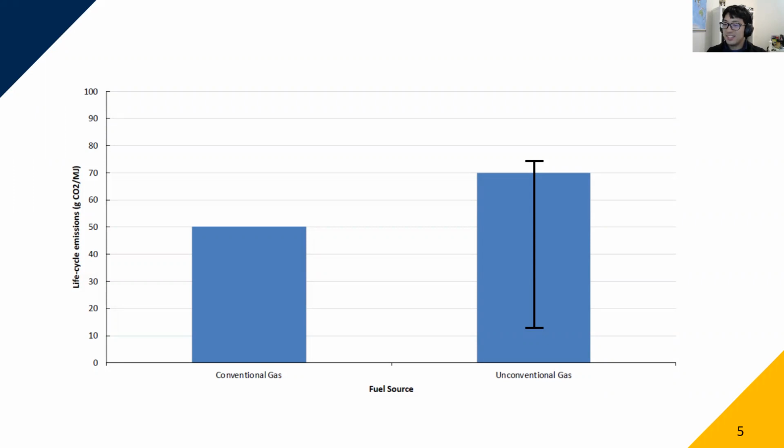But if this is at the lower end of this large error bar, it has the potential to release a lot less emissions. Sure. So you have less confidence that the unconventional gas is necessarily worse than conventional gas. Yes. Okay. How about now?